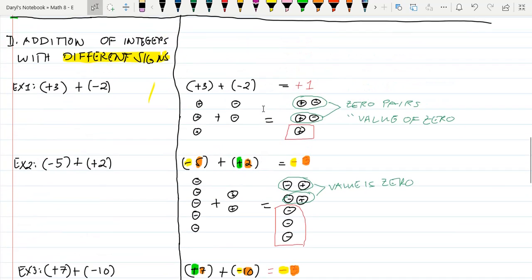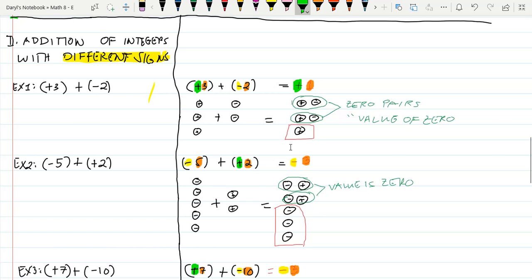And in our first example, you have positive 3 and negative 2. So again, the sum of positive 3 and negative 2 would be the difference between 3 and 2, which is 1. And since 3 has a positive sign, we copy that sign. So the answer is positive 1.